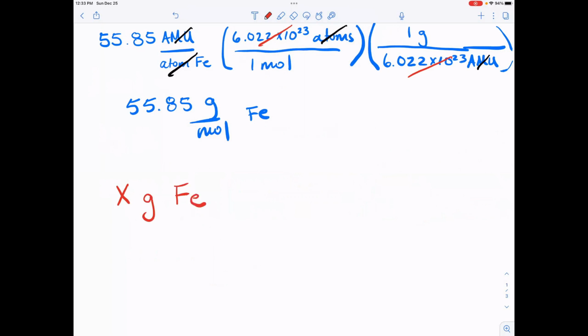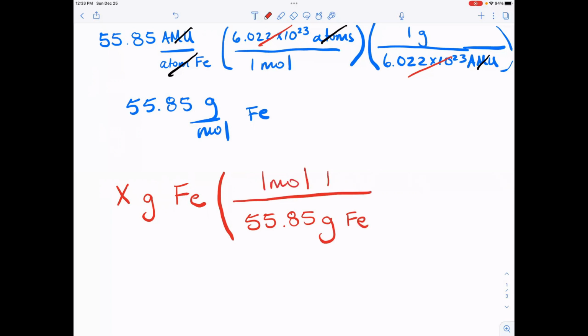We now know that for every 55.85 grams of iron we get 1 mole of iron. This is just unit analysis. Here we can cross out grams of iron, and what you would be left with is this value divided by 55.85 is equal to 1 mole of iron.